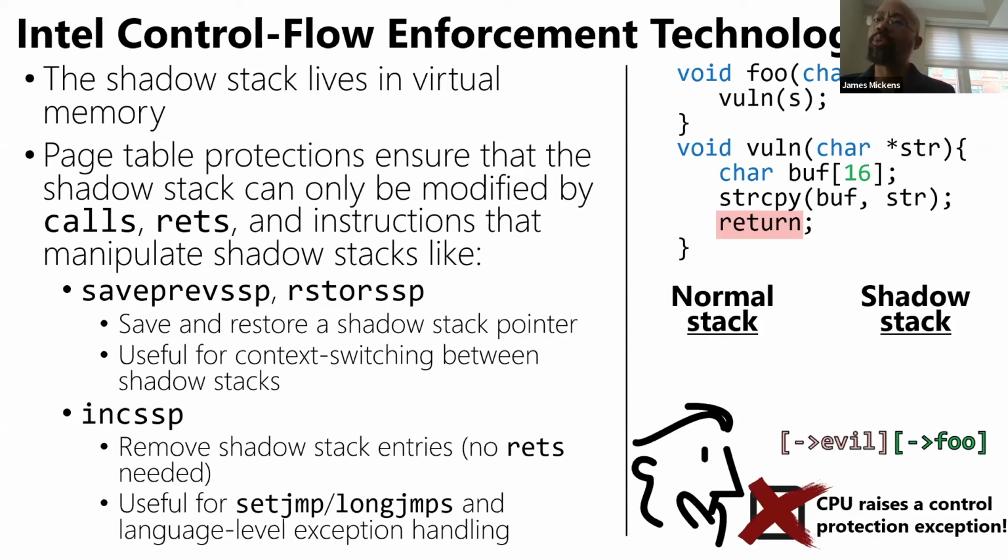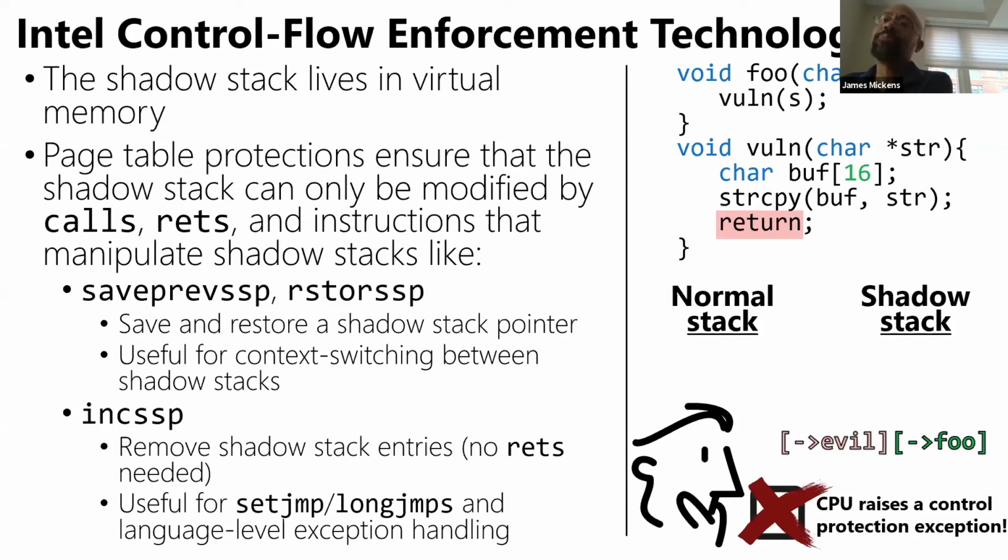Another question: why would a ret instruction modify the content of the shadow stack in virtual memory? Okay, this is a question about where the shadow stack pointer is. You can think of the shadow stack pointer as a hidden register that regular user mode code can't access directly.